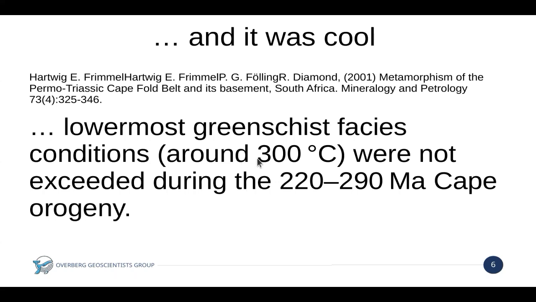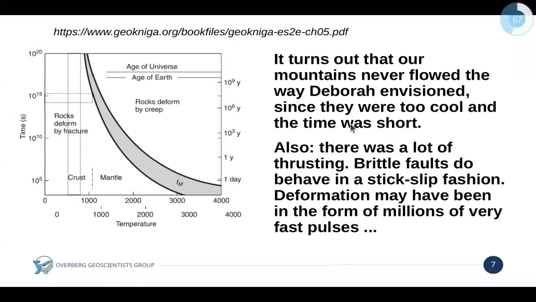So the rocks probably deformed relatively fast and they were cool. So it turns out that our mountains never flowed the way Deborah envisioned, since they were too cool and the time was too short. And in the top left of that picture, you will see two zones that I added. That gives you more or less the time and temperature at which these rocks deformed.